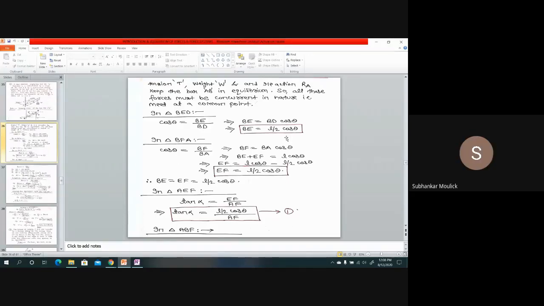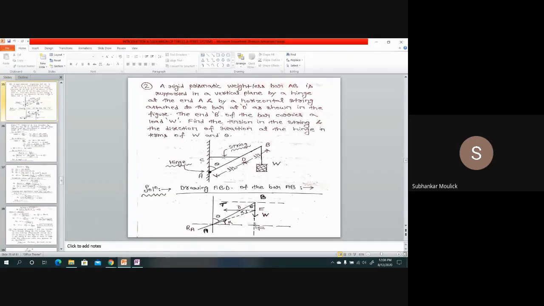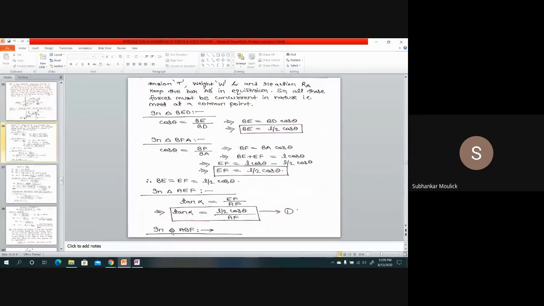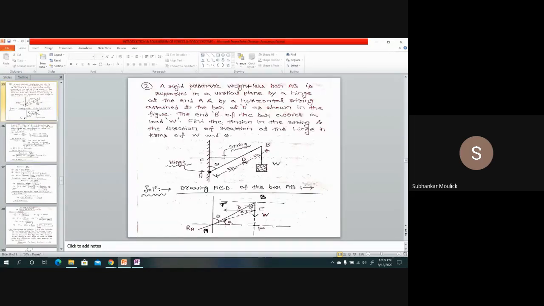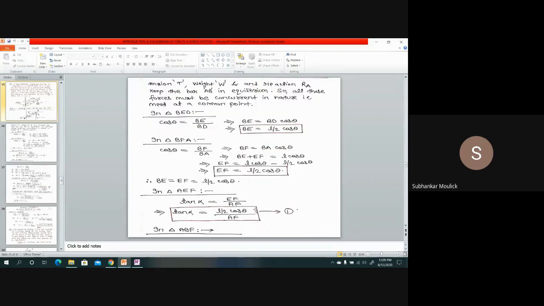Okay. Next, if I consider triangle BFA, this big triangle BFA, I can write cos theta will be base BF divided by hypotenuse AB. So cos theta is equal to BF upon hypotenuse AB or BA. Then BF will be equal to BA cos theta.